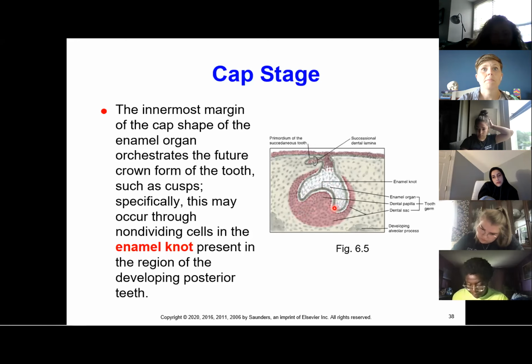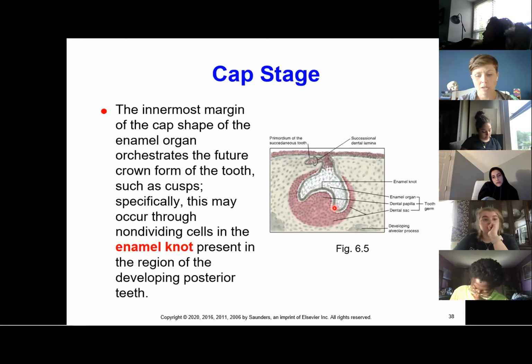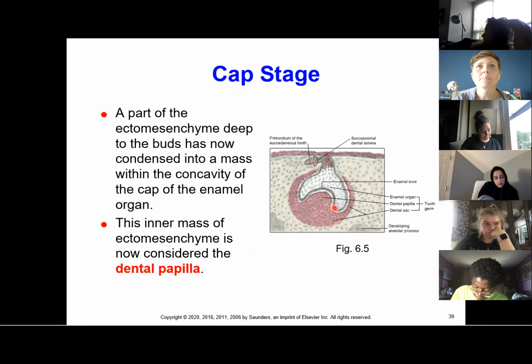So this is present in the developing posterior teeth, like it says, and it's that enamel knot back there that helps. They're non-dividing cells, so it's there around that cap.